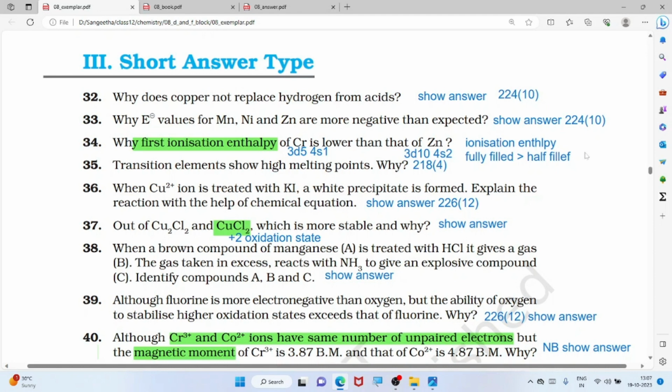Okay, fully filled is more stable than the half filled. 4s1 is half filled and 4s2 is completely filled, so this will have the more ionization enthalpy.